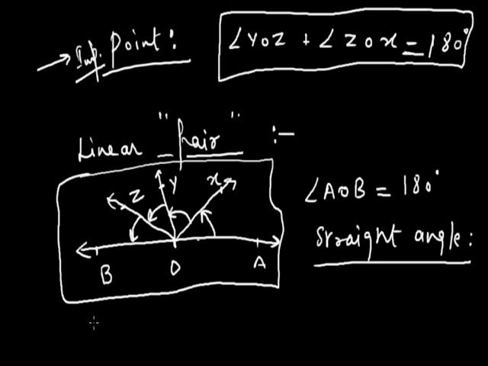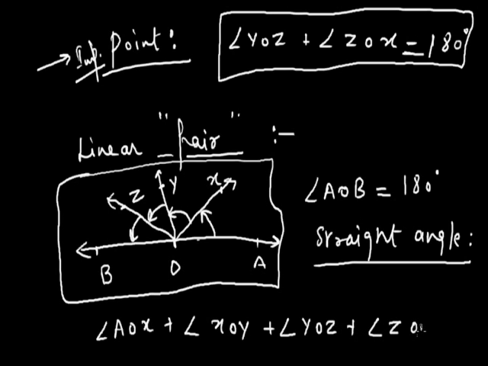is 180 degrees. So we can write angle AOX plus angle XOY plus angle YOZ plus angle ZOB is equal to 180 degrees.